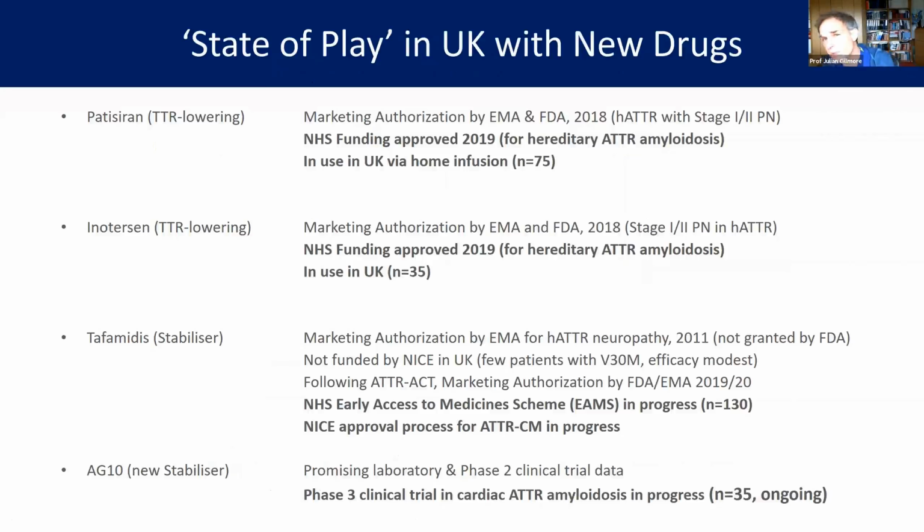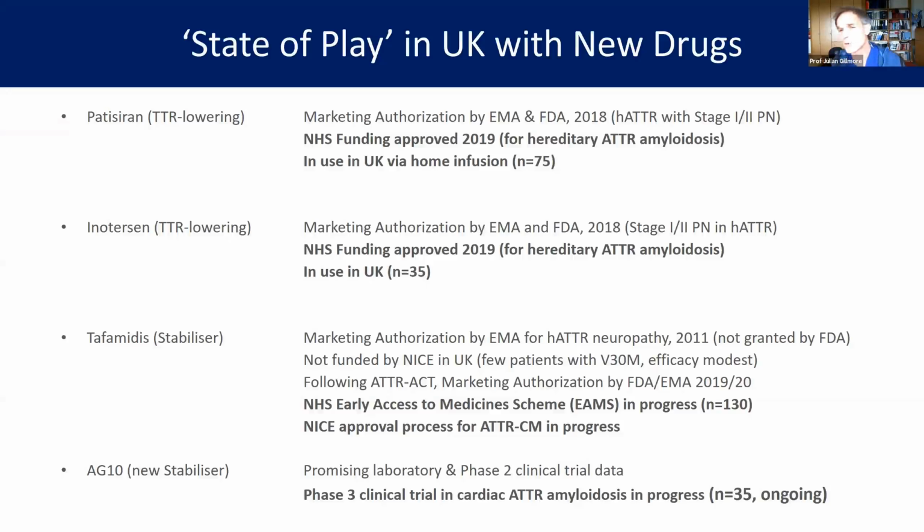This is the state of play with new drugs in the UK. So patisiran and inotersen, as many of you will know and some of you will be on, is licensed and funded by the NHS, funded by NICE since last year for hereditary ATTR amyloidosis with neuropathy. So you have to have a genetic mutation. Patients with wild type ATTR amyloidosis unfortunately cannot get these drugs at the moment.